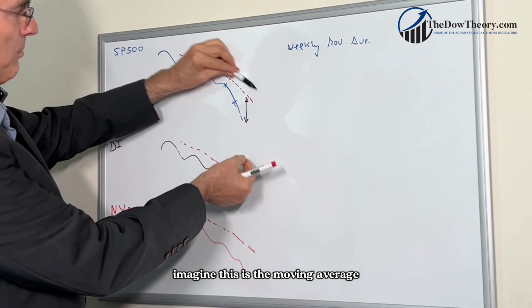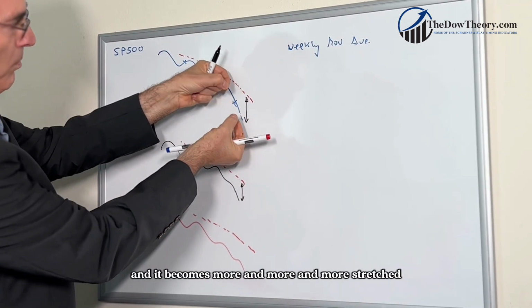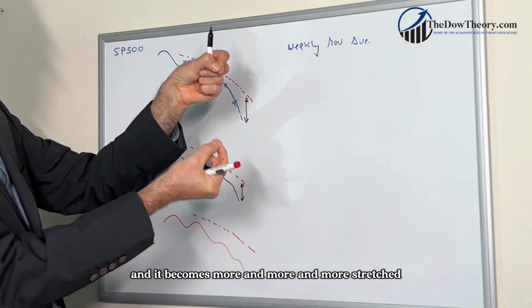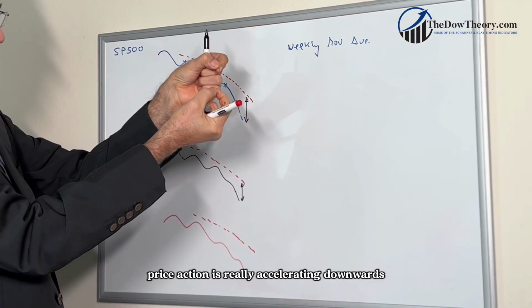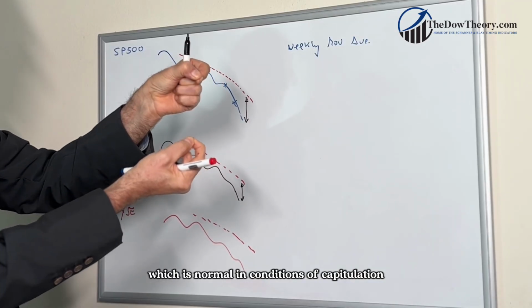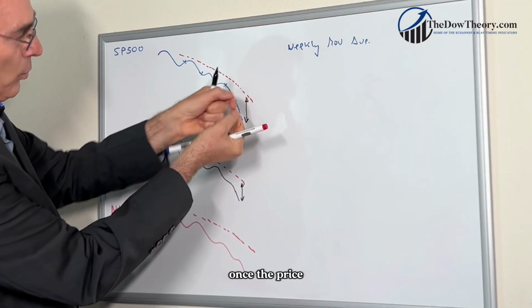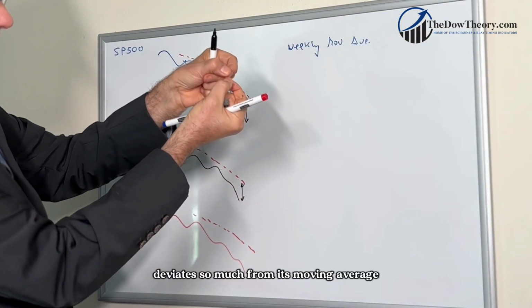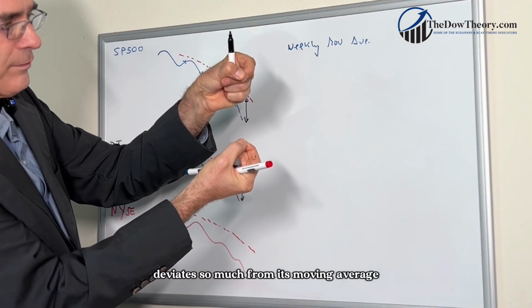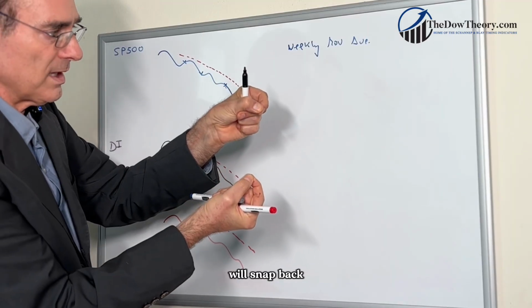Imagine this is the moving average, this is our price action, and it becomes more and more stretched. It means that the downward price action is really accelerating downwards, which is normal in conditions of capitulation. And once the price deviates so much from its moving average, the most likely outcome is that the rubber band will snap back.